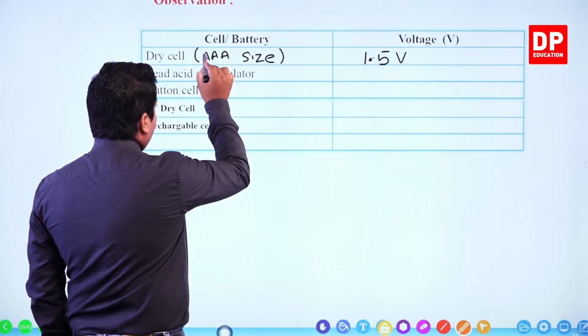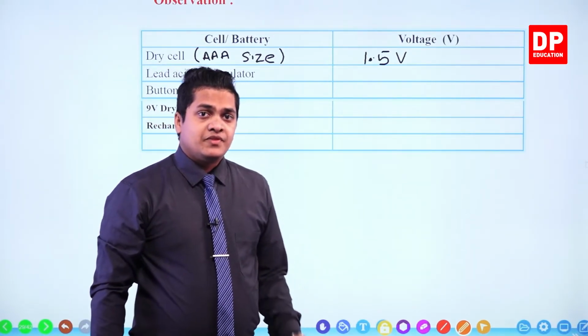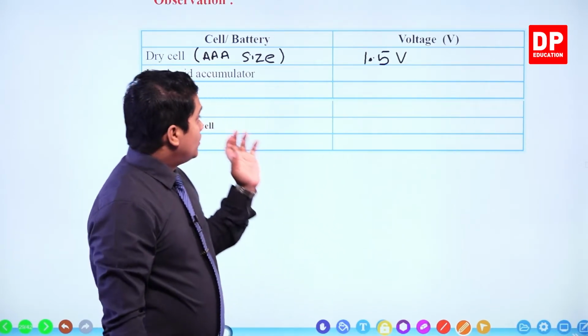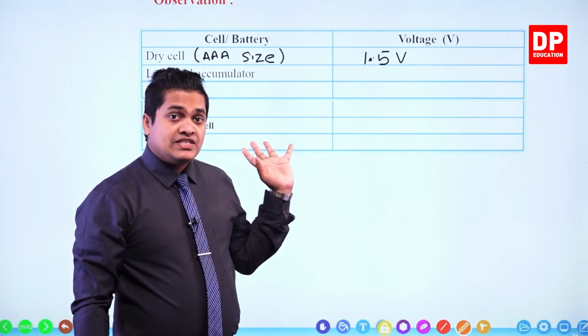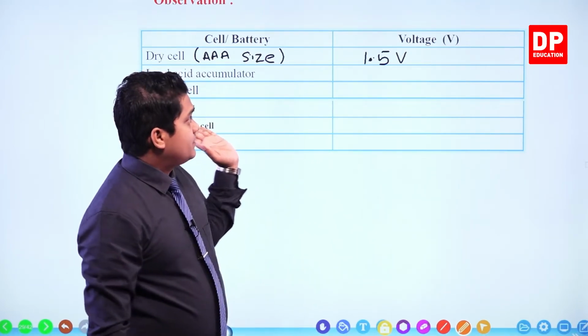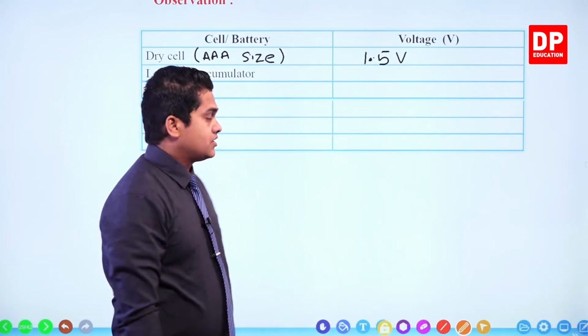If you take a AAA size dry cell, AAA size means those remote controller batteries, right? In TV remotes, we use these AAA size batteries. So for a AAA size battery, the voltage is about 1.5 volts.